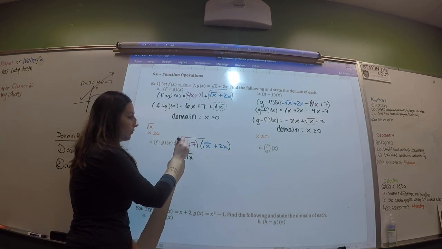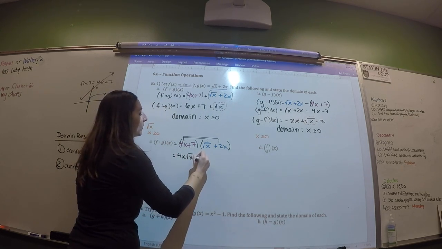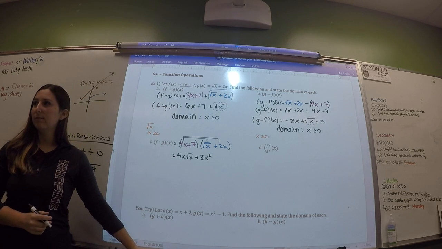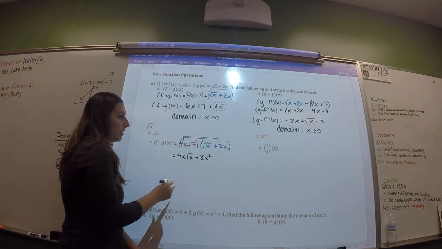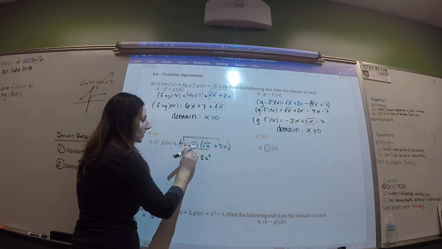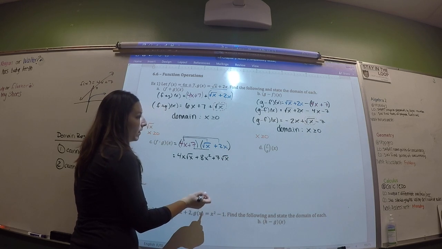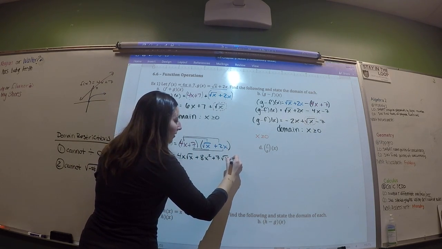Then you're going to take 4x and multiply by 2x. 8x squared, because x times x is x squared. So 4 times 2 is 8. Then you're going to do 7 times the square root of x. 7 root x. And then finally we have 7 times 2x. 14x.